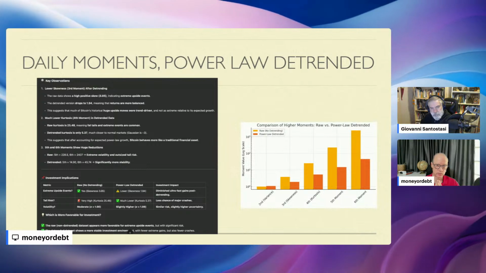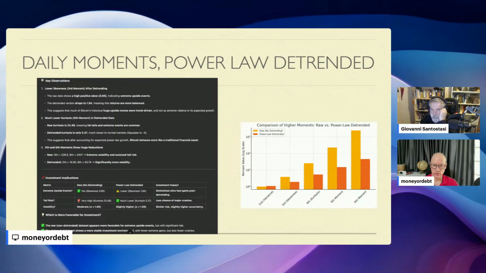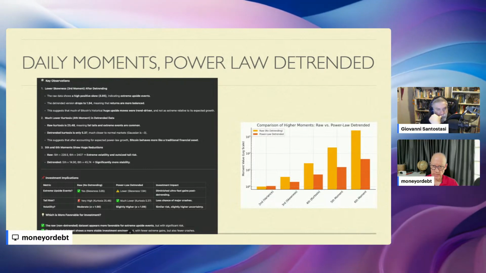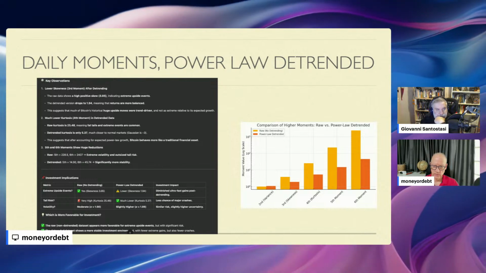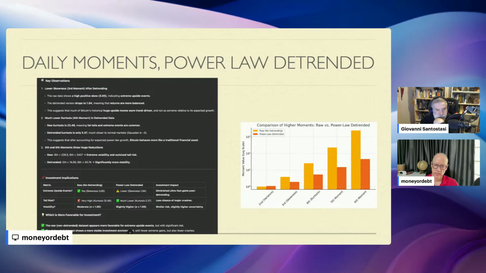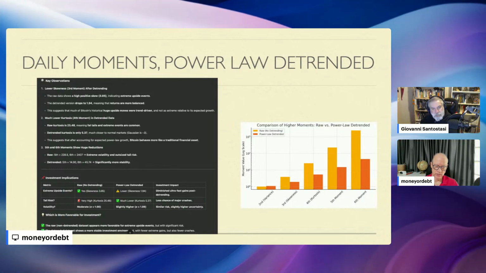Okay, this is just more explanation on those. This is actually ChatGPT's interpretation of what we're seeing. If you look down at the bottom, basically saying that the raw data set appears more favorable for extreme upside, but significantly higher risk. The detrended data set shows a more stable investment environment, fewer extreme gains, also fewer crashes.